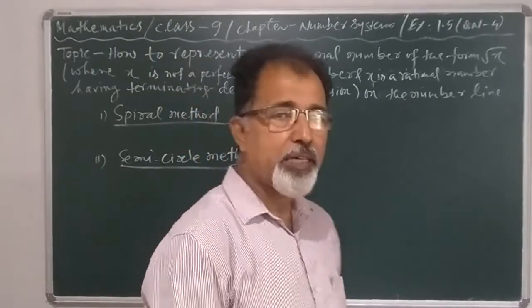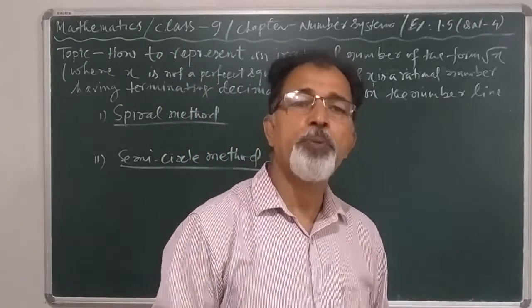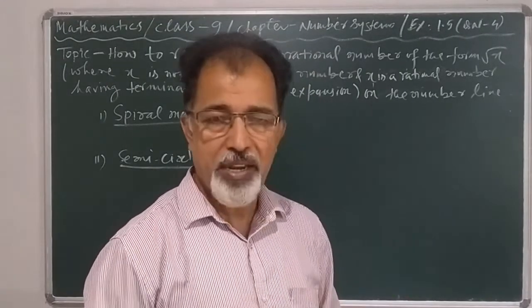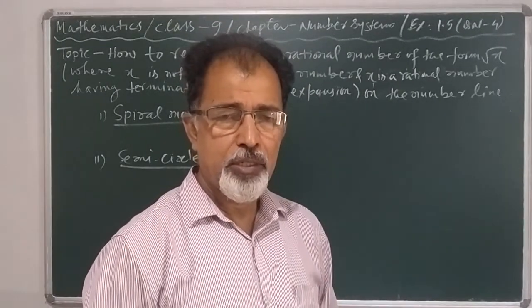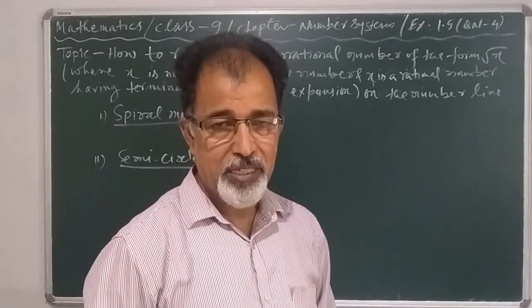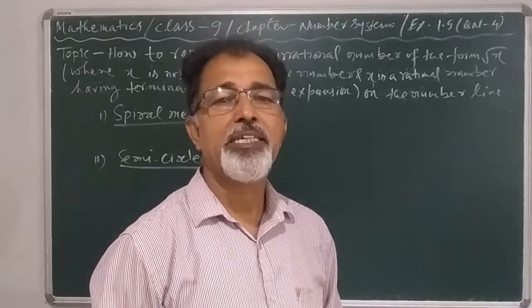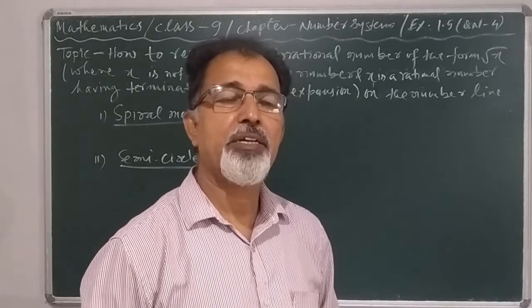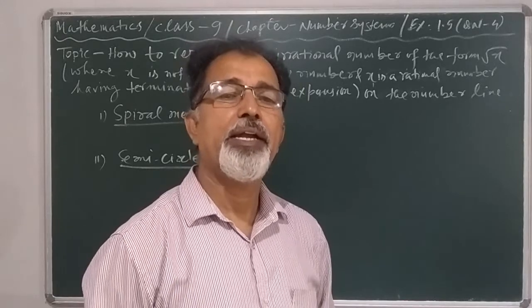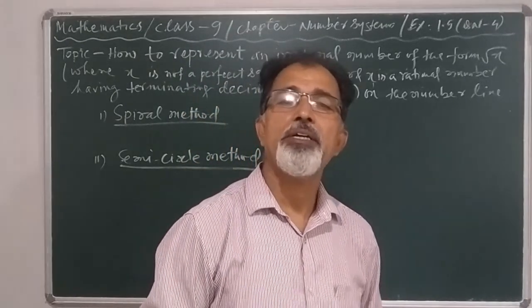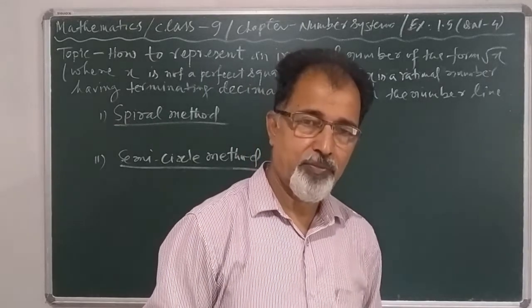And this method can be used to represent an irrational number on the number line which is of the form root over x, where x is not a perfect square number and x is a rational number having terminating decimal expansion.